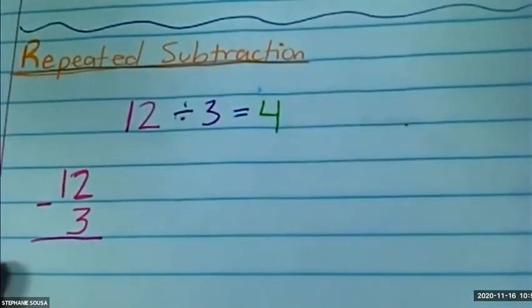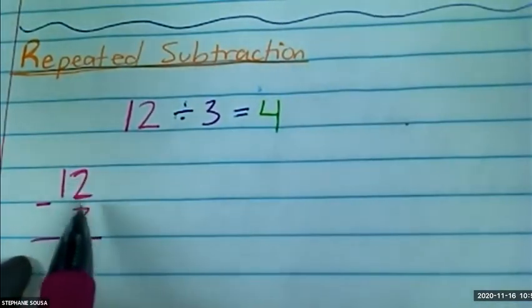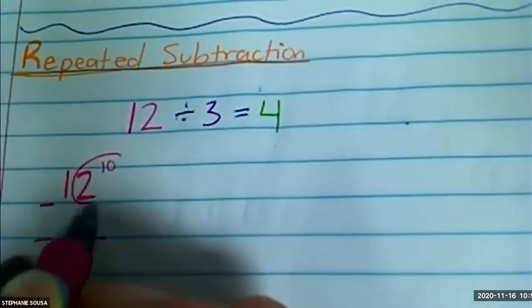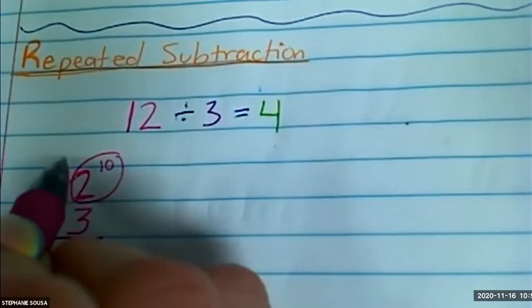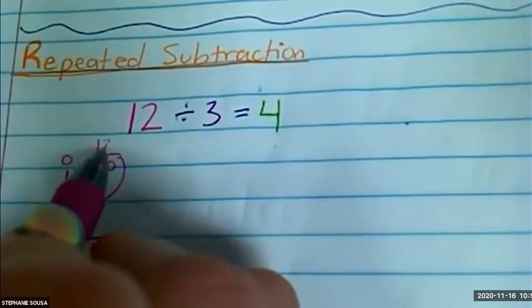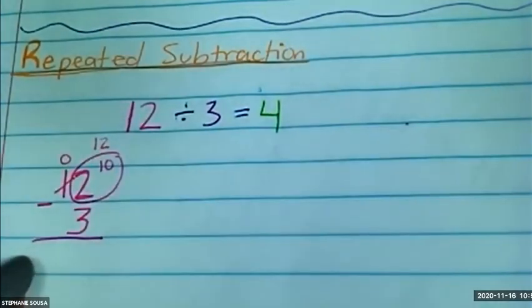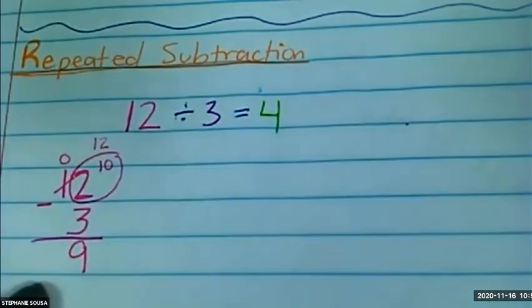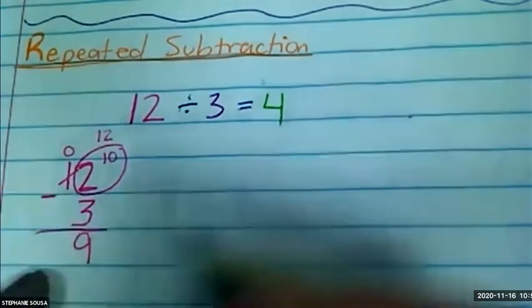12 subtract 3. We know that 2 subtract 3 is impossible, so we've got to regroup this by borrowing a 10. So we have 12 ones, subtract 3 ones. That equals 9 ones. So 12 subtract 3 equals 9.